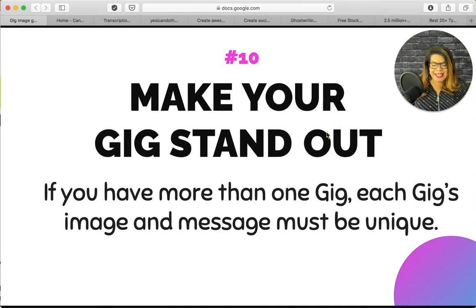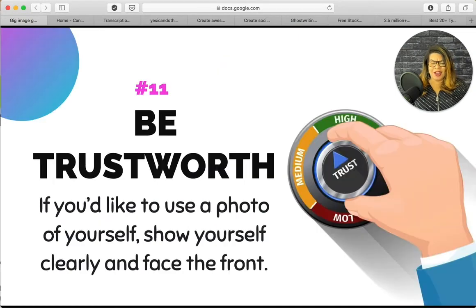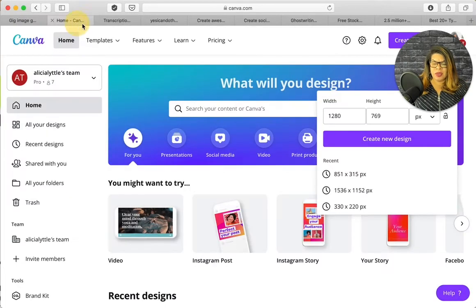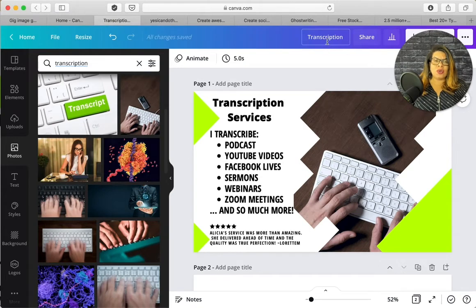Make your gig stand out. That goes without saying. Be trustworthy. If you like to use a photo of yourself, use it. Name your image file. This is what I was just talking about. I've never heard Fiverr talk about this. This is the first time, but it's so important to do. For example, this file was called transcription.